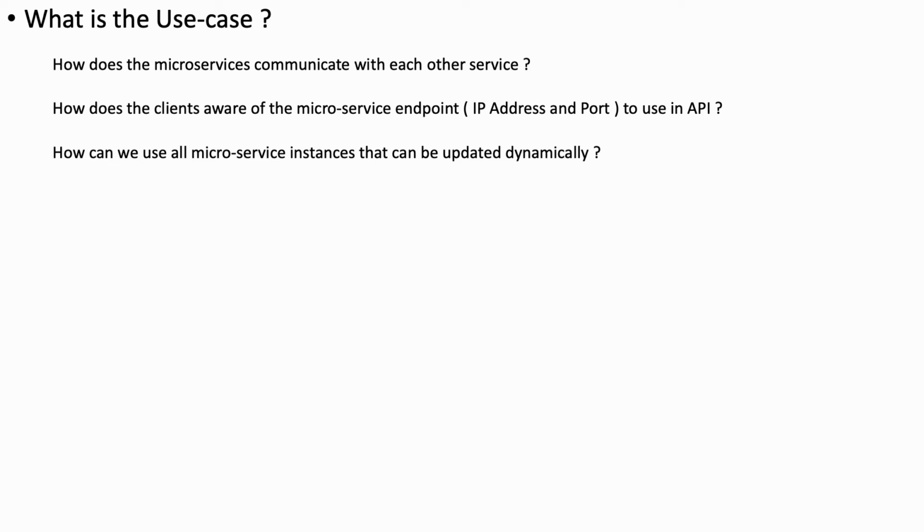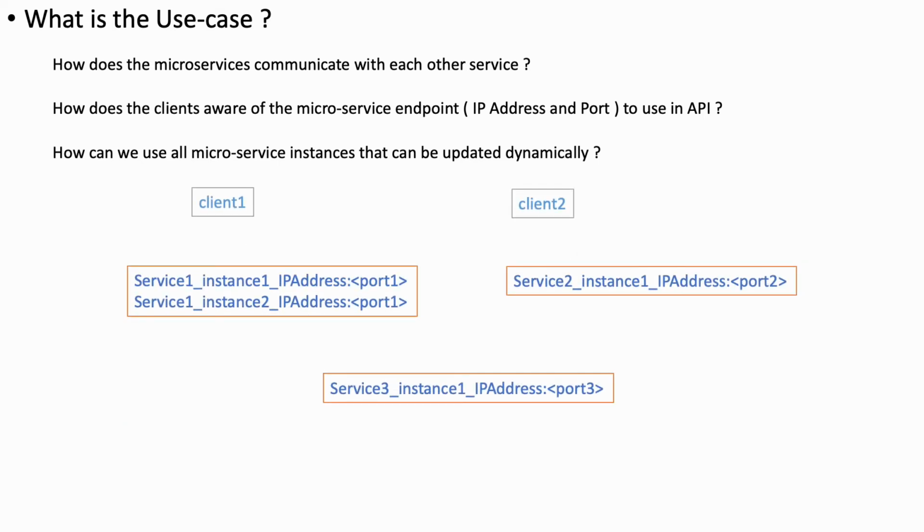These use cases are solved using this concept called service discovery. So this is the diagram of the use cases where the services interact with each other, or the client is trying to interact with the services, and services are getting added or deleted.